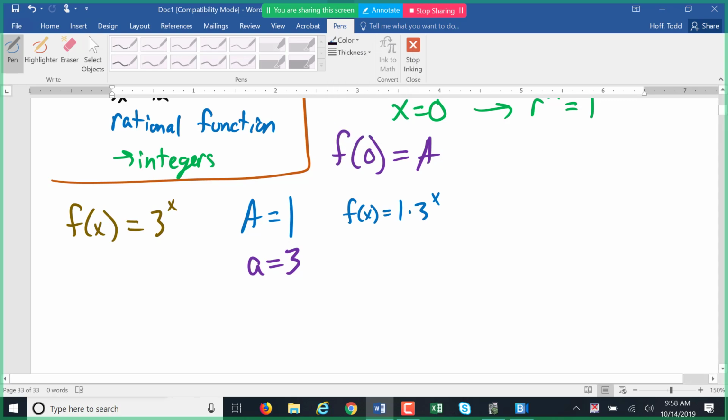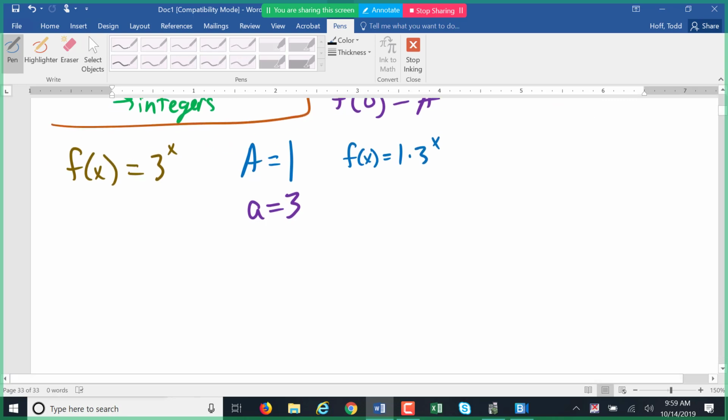Let's graph this. Let's do a table and get some values for this and get a form for this. So if x is negative 3, 3 to the power of negative 3, remember it's 1 over 3 to the power of 3, well 3 to the third is 27. That's 1 over 27.